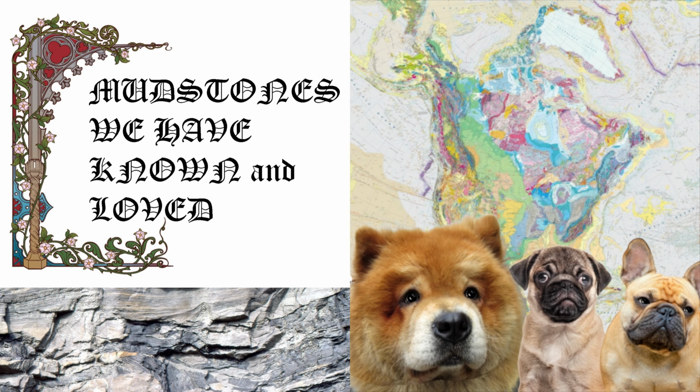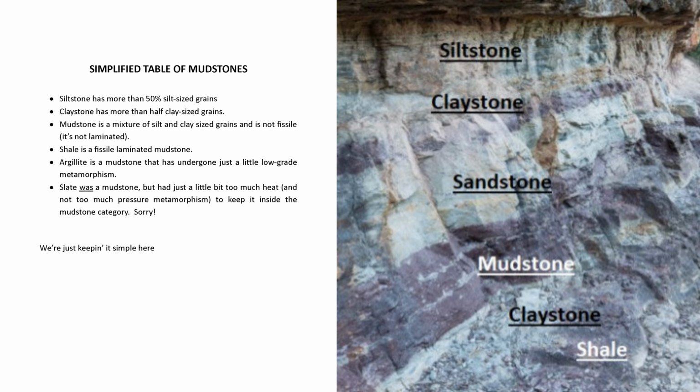What is mudstone? It's a family of rocks formed of sediments that were initially silt and clay grains. Classifications do differ, but the common threads to the mudstone family seem to be: siltstone has greater than half silt-sized grains. Claystone has more than 50% clay-sized grains. Mudstone is a mixture of silt and clay-sized grains and is not fissile. It's not laminated. Shale is a fissile-laminated mudstone.